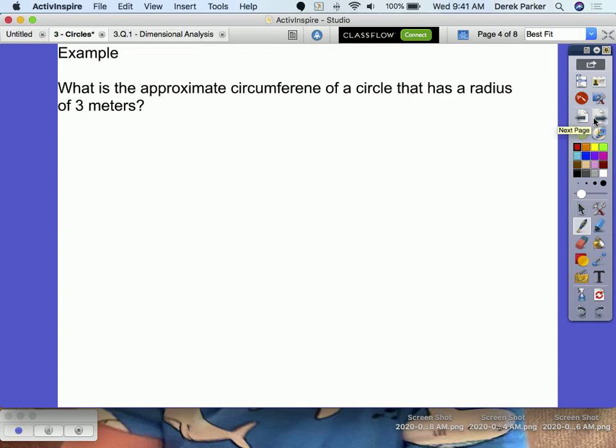What is the approximate circumference of a circle that has a radius of 3 meters? Okay, so now C equals 2 pi r. The reason we're multiplying by 2 is because the radius times 2 will give you the diameter. So in this case, first step, write the formula down. I've been given the radius, so I'm using the formula 2 pi r.